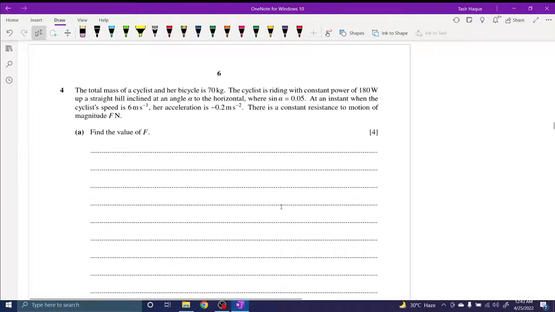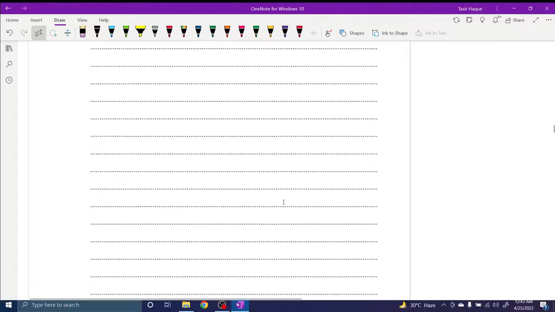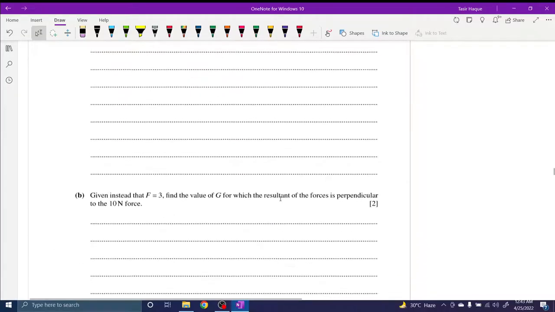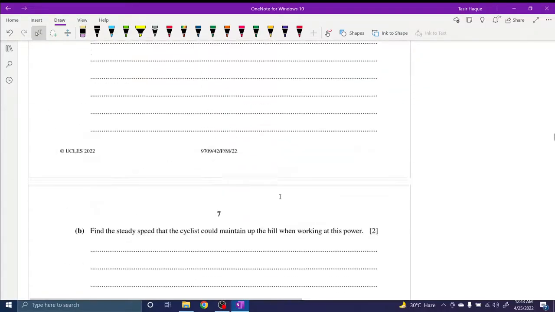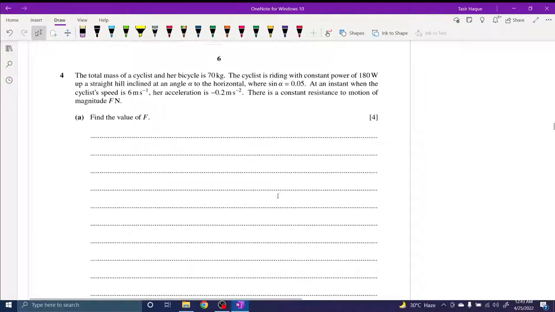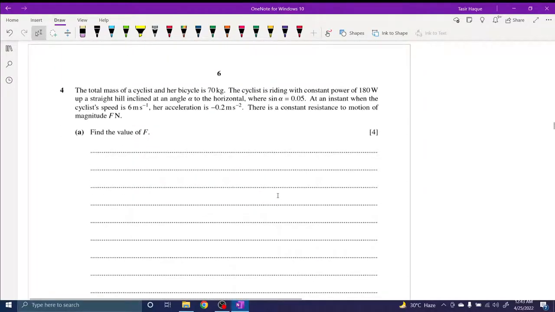Now for number 4, we had 6 sums in this question paper, by the way. For number 4, the total mass of a cyclist and her bicycle is 70 kg. The cyclist is riding with constant power of 180 watts up a straight hill inclined at an angle of alpha to the horizontal.